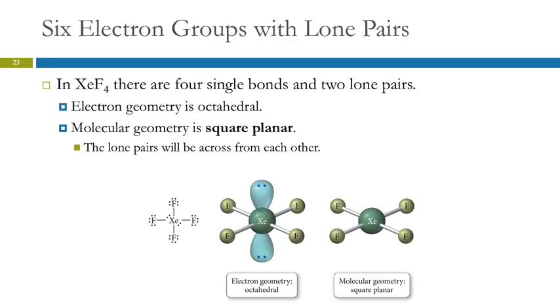So one lone pair is on the top, one's on the bottom. And then when we make those invisible, the molecular geometry, just looking at the atoms, is square planar. All of the nuclei lie in the same plane, and it's in the shape of a square, so square planar.